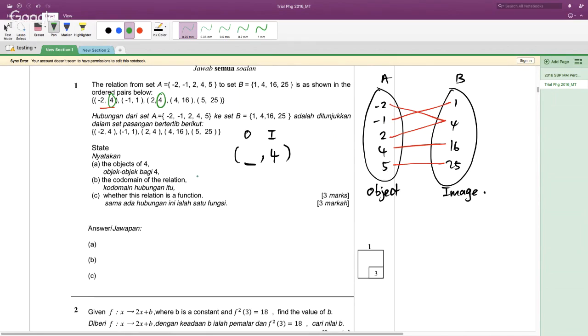This one is image 4, right? So your objects should be -2 and 2. So maybe you can write like this, -2 and 2, then close the bracket. Both of these are the objects of 4, right? You should get the idea.